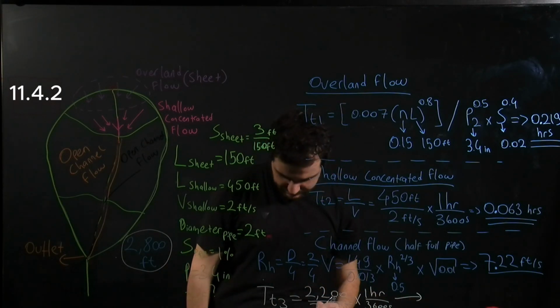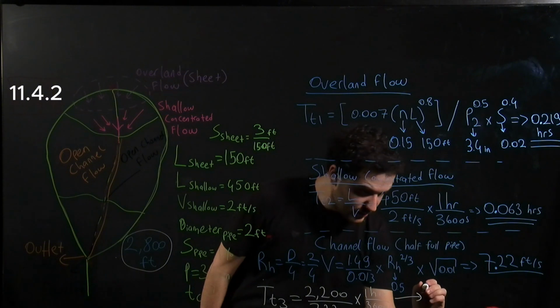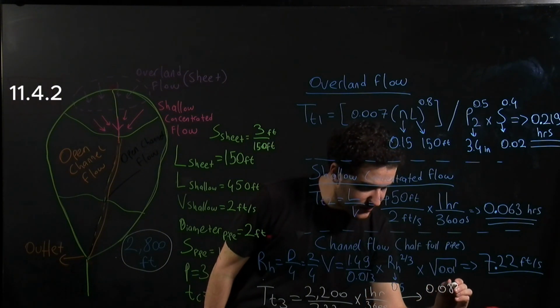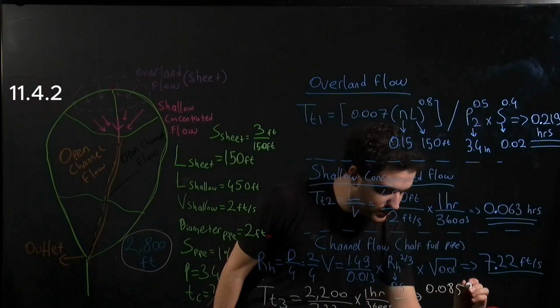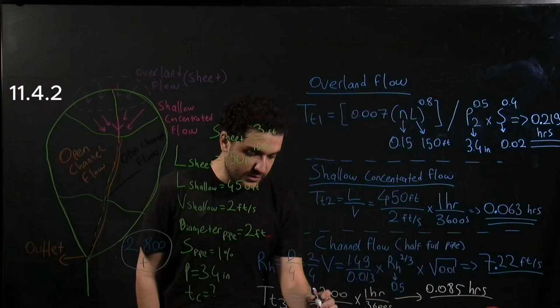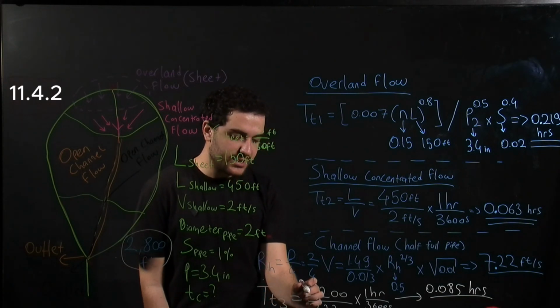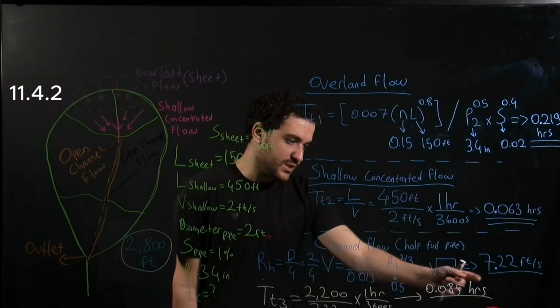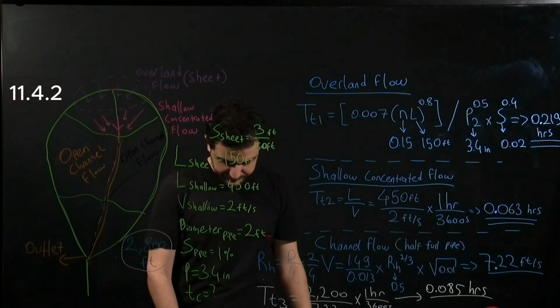And this gives 0.085 hours. So here we have 2,200 and we have 7.22 feet per second.